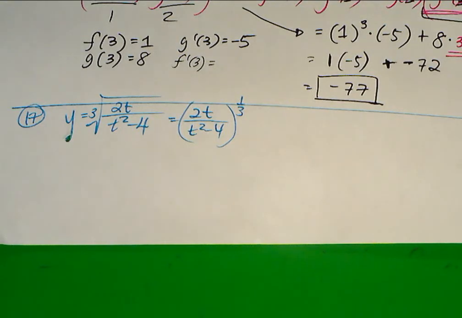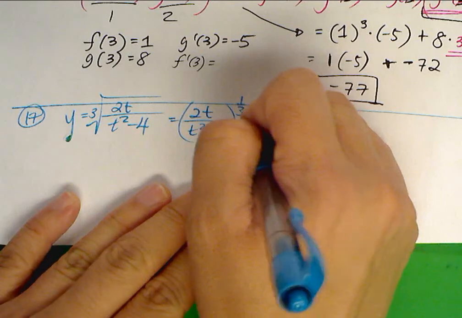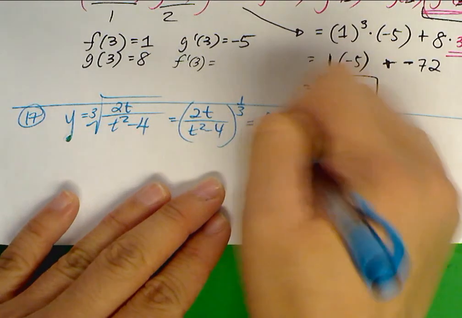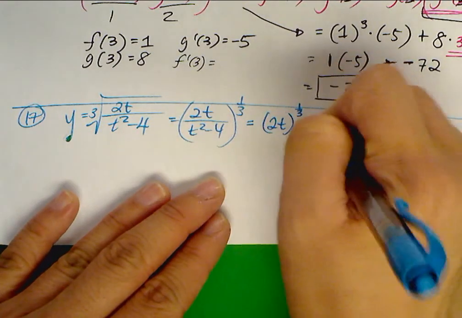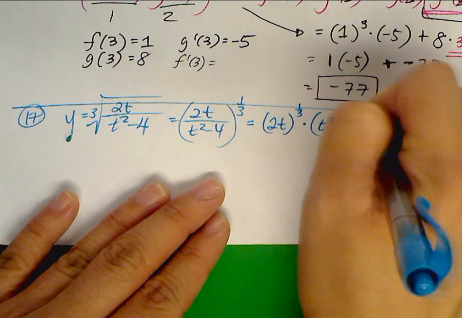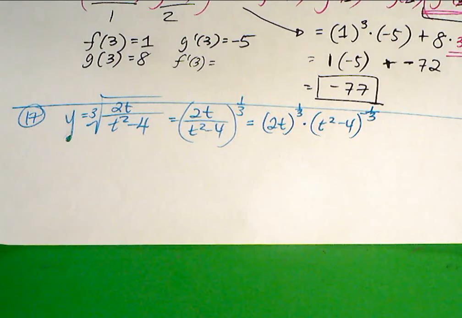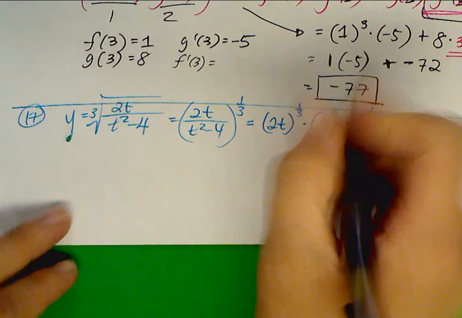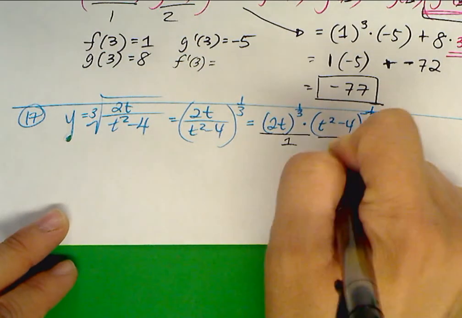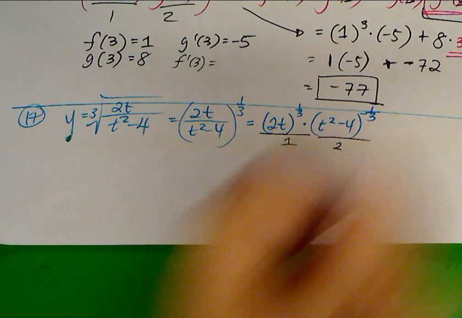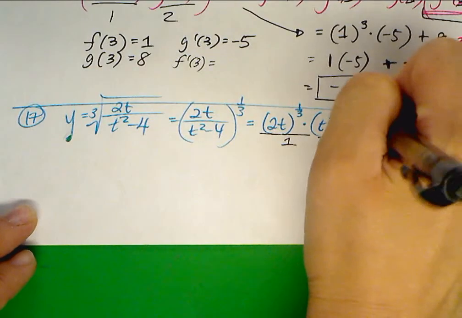And if we really like the product rule, we can even go so far as to say 2t to the 1/3 times t squared minus 4 to the negative 1/3. If we really dislike the quotient rule, we can make it into a product. See that? It's negative 1/3 now, because that was in the denominator.